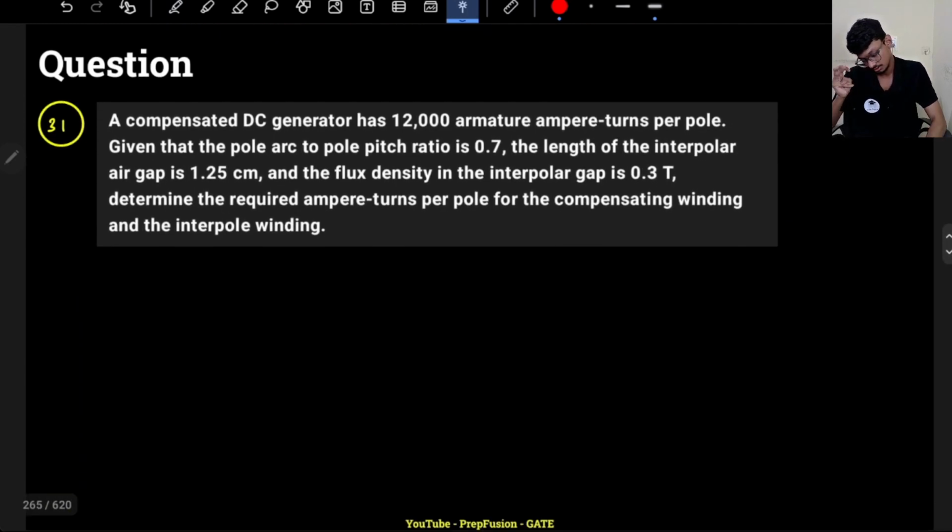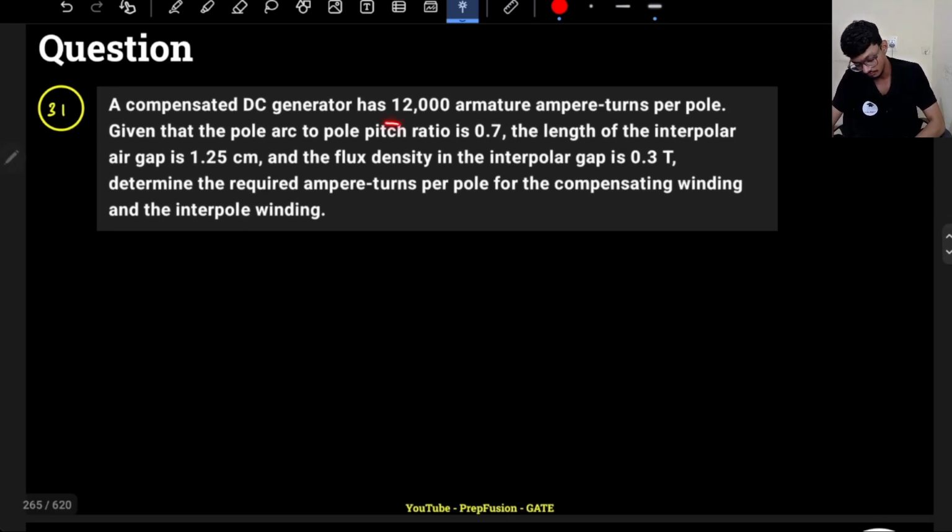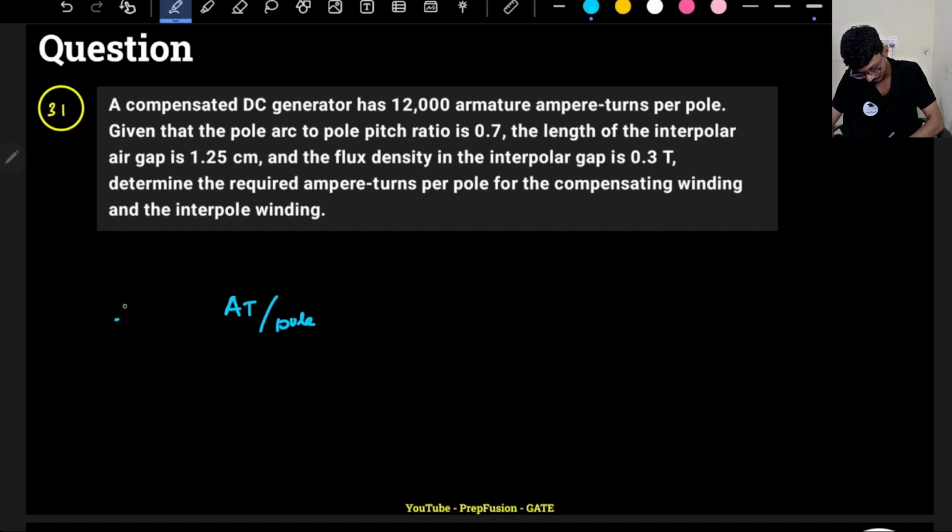Now let's discuss this question 31. A compensated DC generator has 12,000 armature ampere turns per pole.